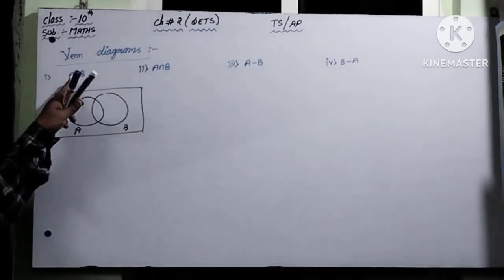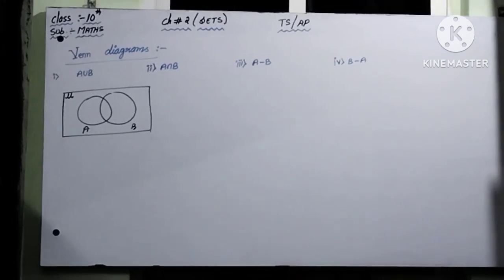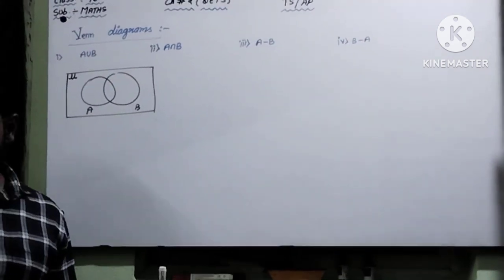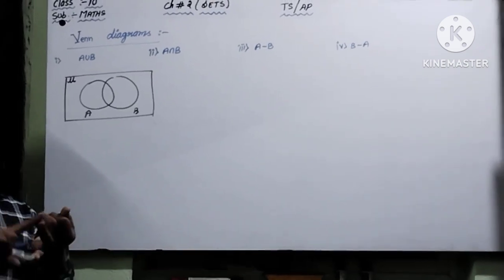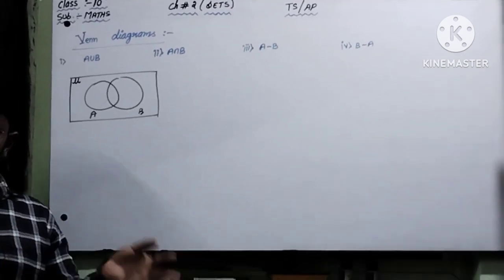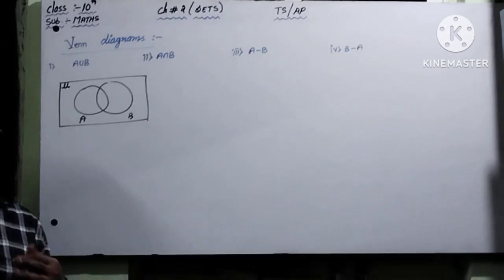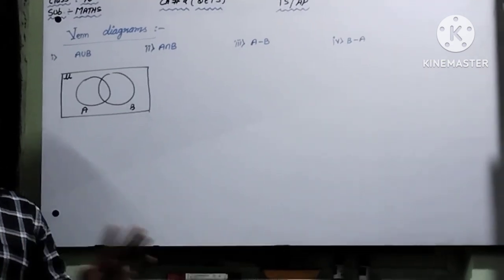So what do I have to find? Union. Union means you have to write all the elements, but don't repeat the elements. Write A's elements, B's elements, and the common elements also, but only a single time. We are not repeating them.